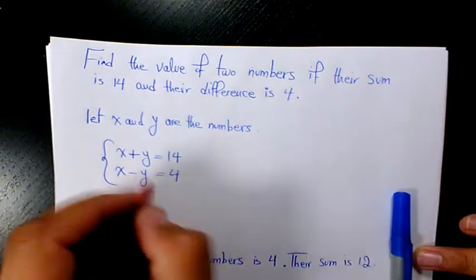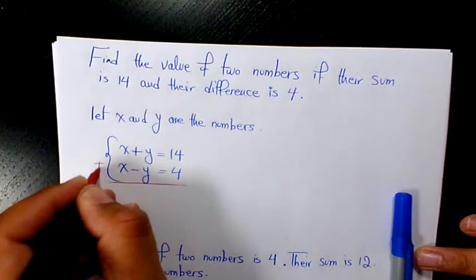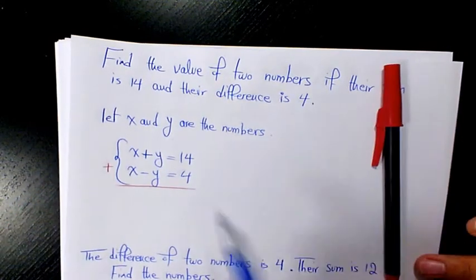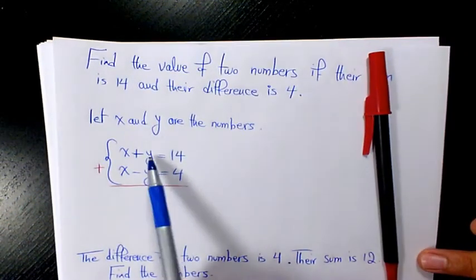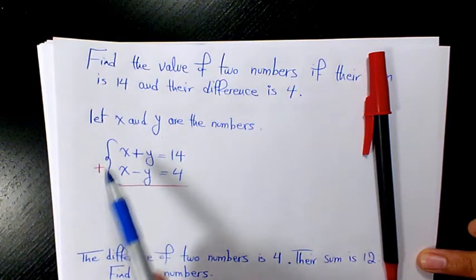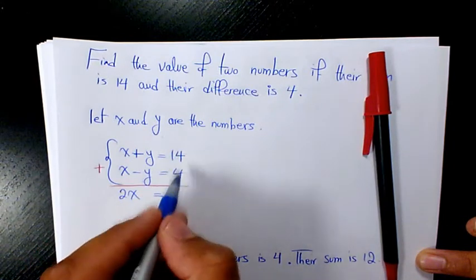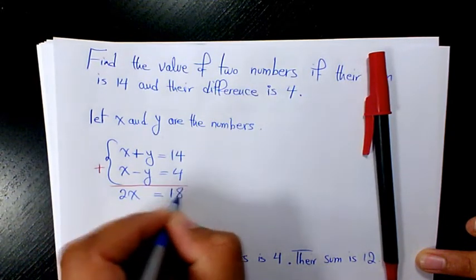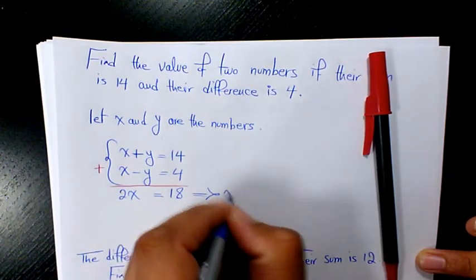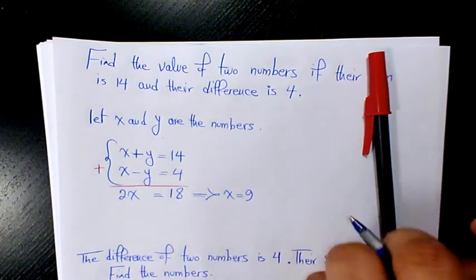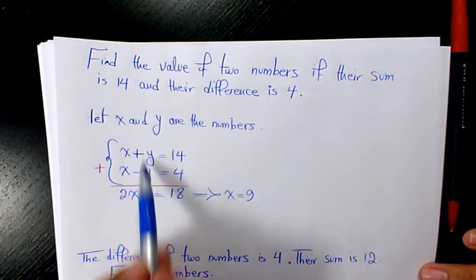What we can do is add these two equations. When you add them, it's the elimination method because y and negative y cancel out. x plus x is 2x equals 14 plus 4, which is 18. Therefore, x is 9. Then you sub it into one of these equations.